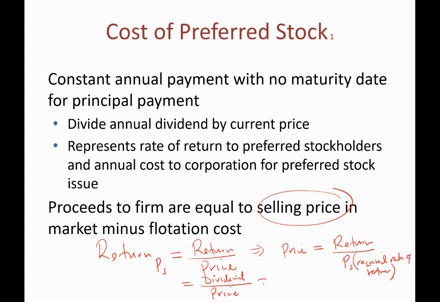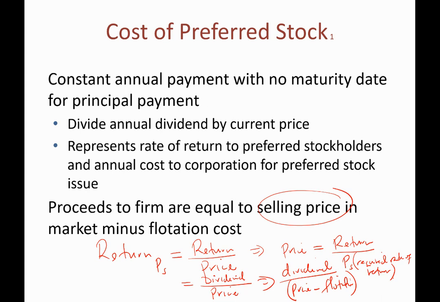You'll still take the dividend, but the price is going to be the price less the flotation or selling cost. Again, they're very minimal for preferred stock, so generally speaking, we always ignore the flotation cost when it comes to preferred stock. But you will see we're going to use this when it comes to common stock.